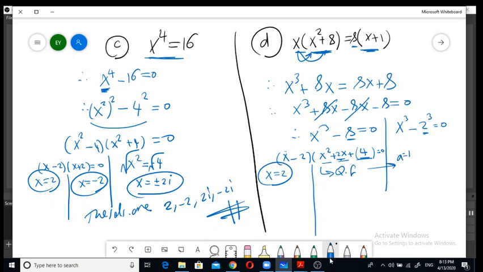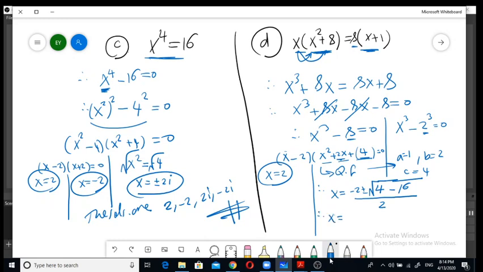Then a is equal to 1, b is equal to 2, c is equal to 4. Then x is equal to negative b, negative 2, plus or minus the square root of b squared, which is 4, minus 4 times 1 times 4, 16, over 2a, which is 2.